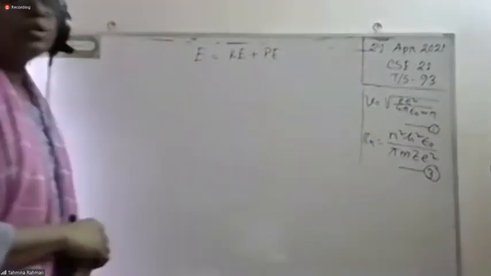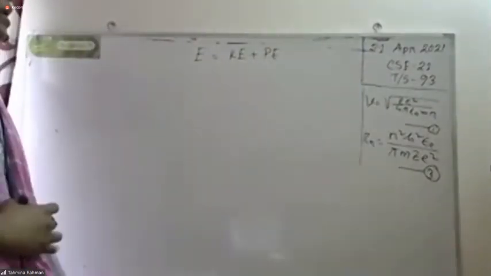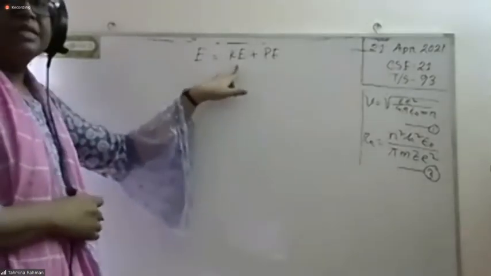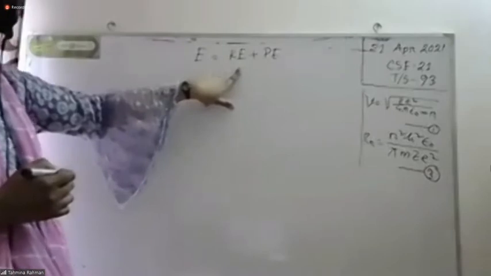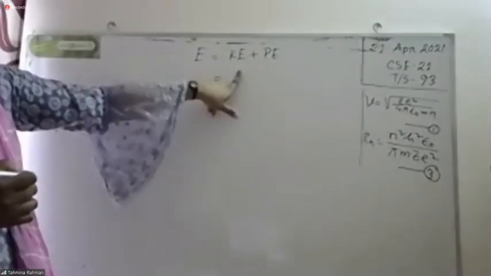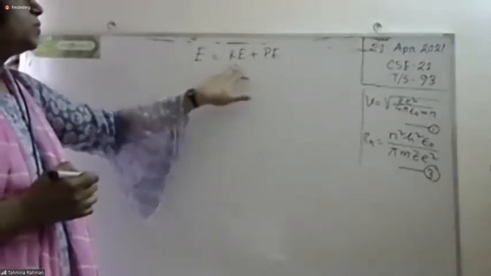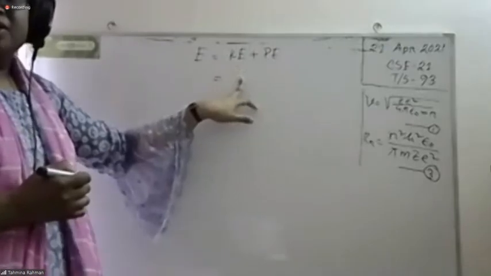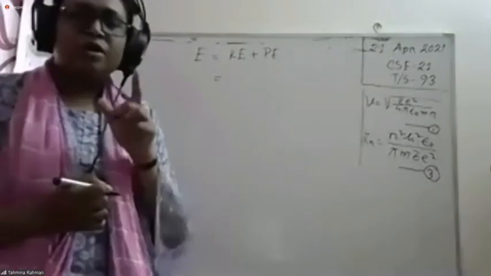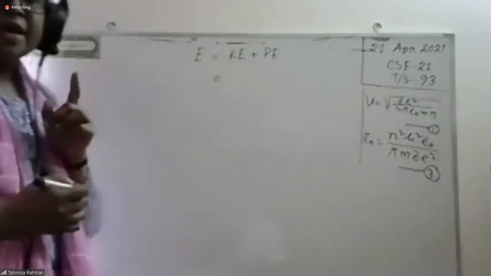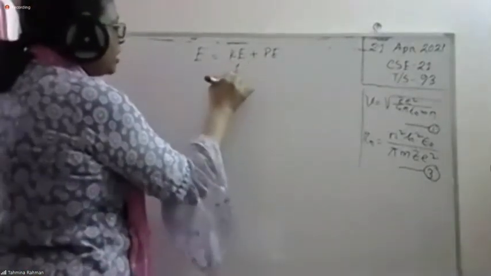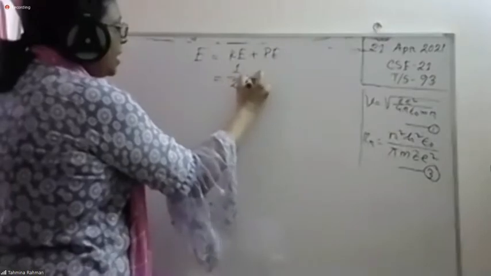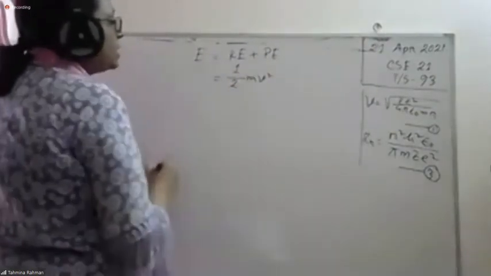Now, what is the expression for kinetic energy? Kinetic energy is half mv square.